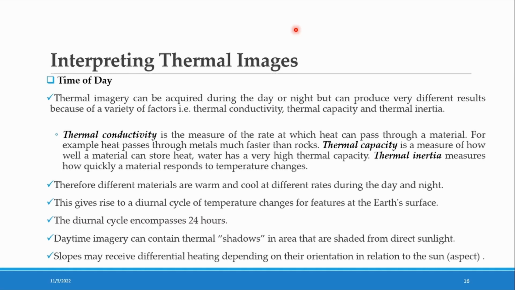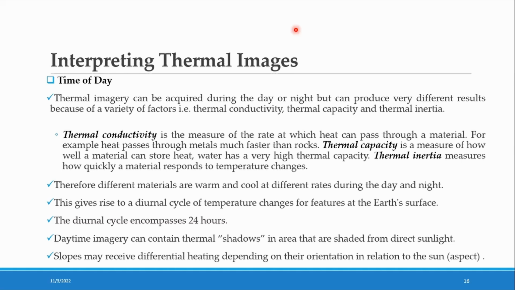So when you're interpreting thermal images, first understand at what time the image was captured before coming up with conclusions that are not matching the times at which these images were captured. And this is because of three factors. The first one is the conductivity, thermal capacity, and thermal inertia. At different times of the day, these factors will influence the temperatures that the sensor is able to record. So for thermal conductivity, we are looking at the rate at which heat passes through the material, and capacity is how well that material can store it.